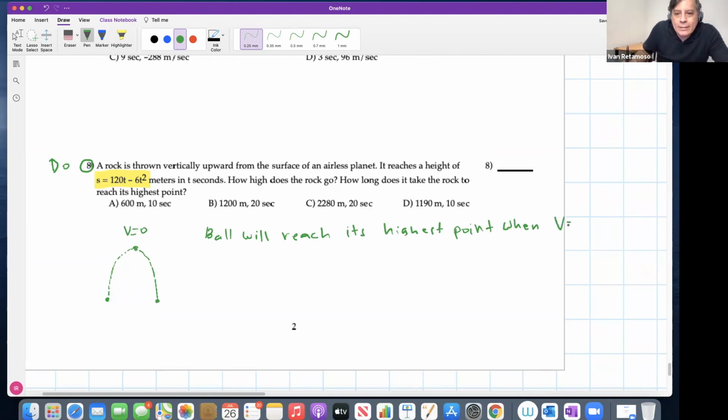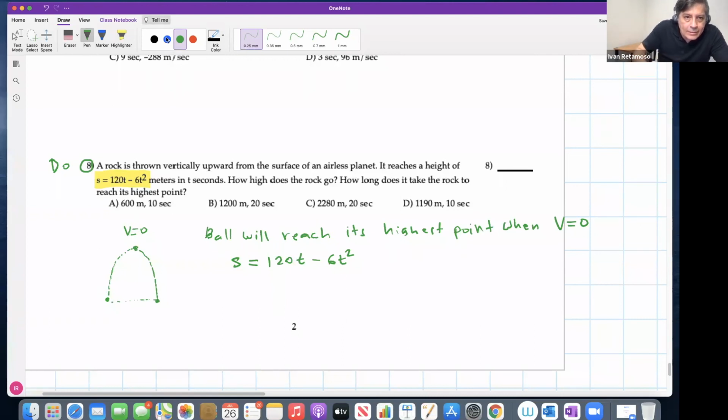When velocity equals 0. So all we gotta do is get our velocity from our position function, right, via taking the derivative, right? And then set that equal to 0. That will tell us what is the time that corresponds to this highest point?